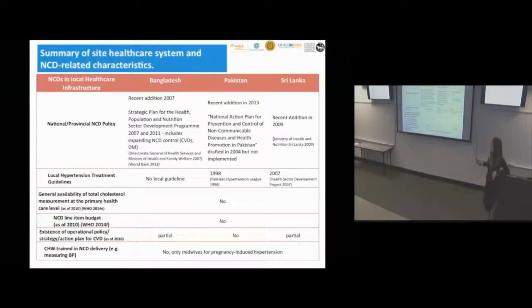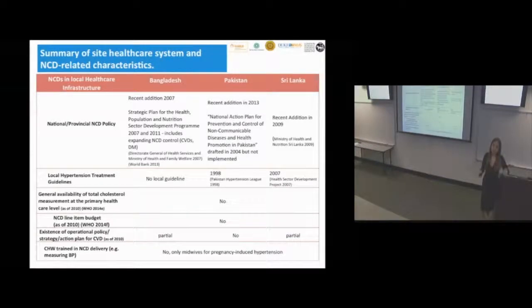And if you look at the policy level in these countries, if you look at the national policy or even the provincial policies, were the governments doing anything? Non-communicable diseases are only recent additions as far as the policy documents are concerned. Really 2009, 2011, or 2007, those are very, very recent additions.